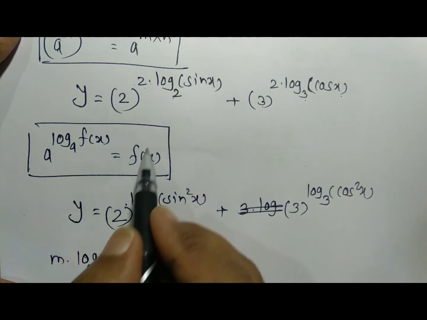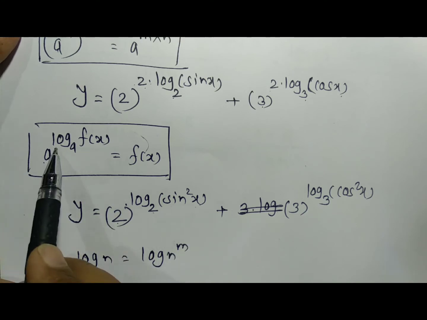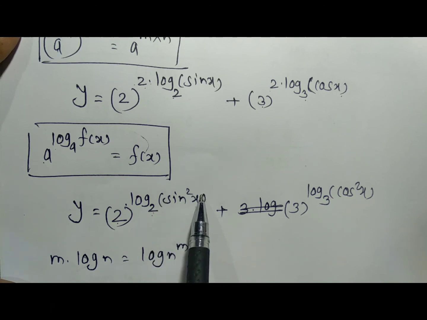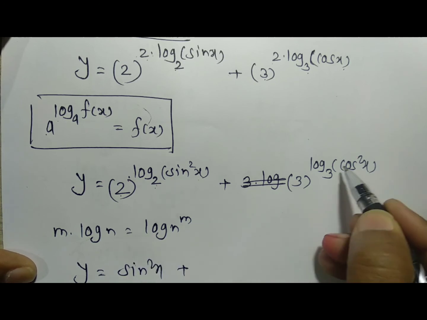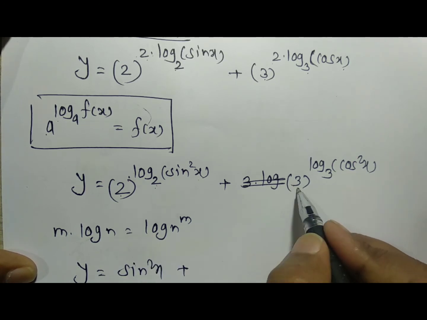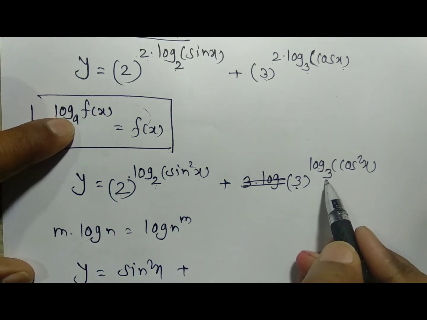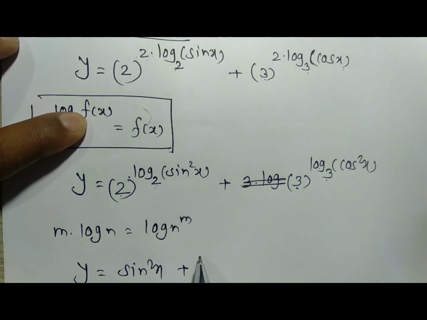Right now by using this formula, a is 2 and f of x is sin squared x, and therefore y is equal to sin squared x plus, for the other term, a is 3 and f of x is cos squared x, so we get cos squared x.